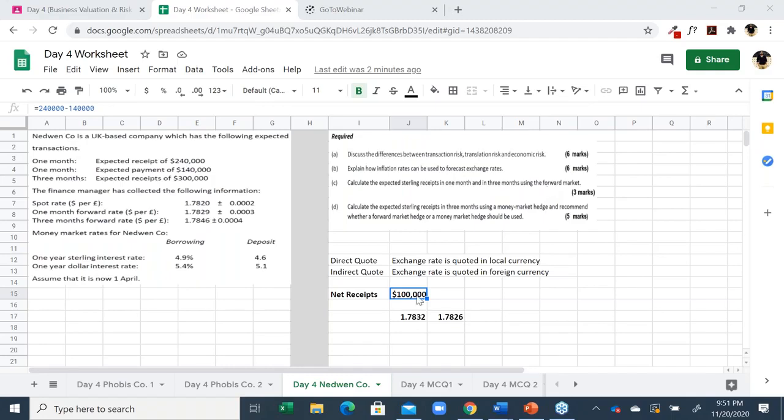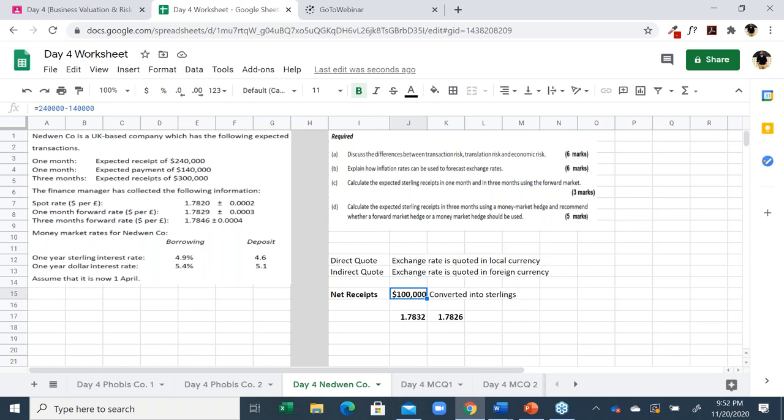So we will be having $100,000 in 1 month's time, and these will have to be converted into pound sterling in 1 month's time.